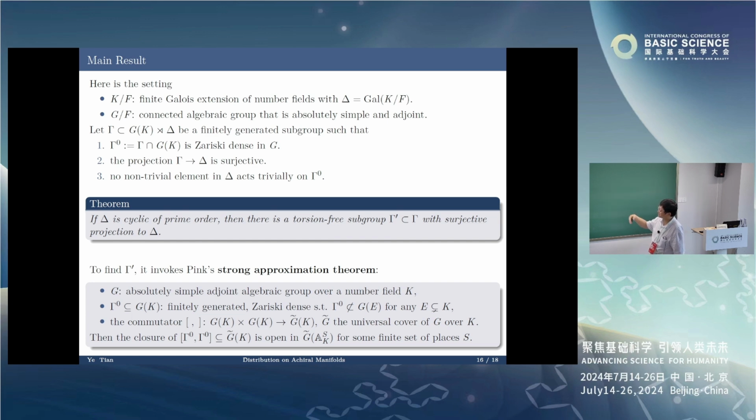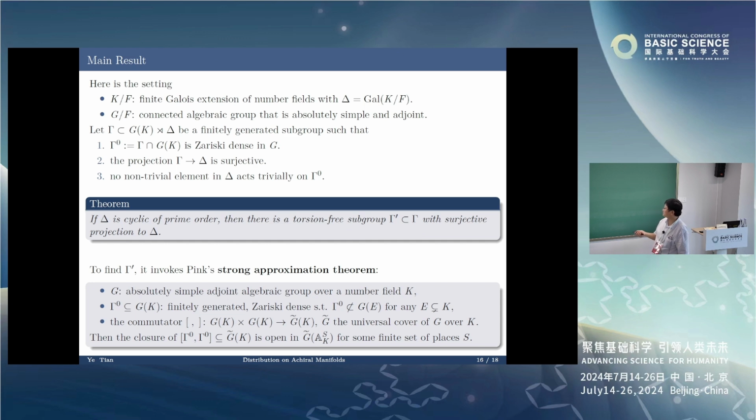Now this is a little more general situation than that requirement, but it holds if delta has prime order. They prove it with a little trick, choosing some prime of F that splits in K, and using the strong approximation theorem to find this gamma prime.